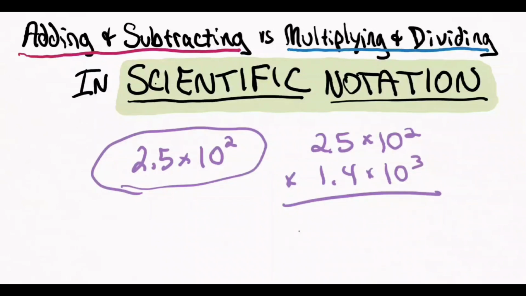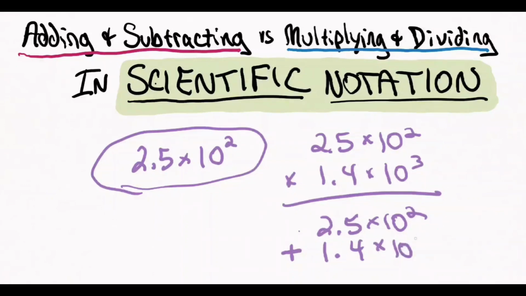And the other problem people have is that if you have something like this plus 1.4 times 10 to the third, they want to solve it the same way they're solving the multiplication. It's different. Multiplication and division is different than addition and subtraction. You're going to solve these in two different ways.